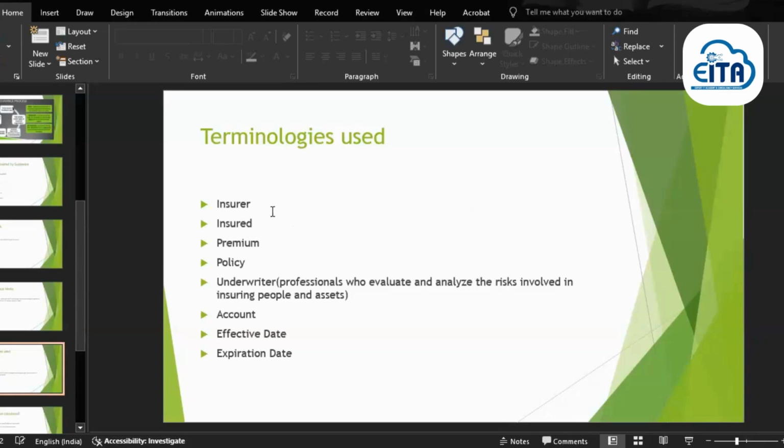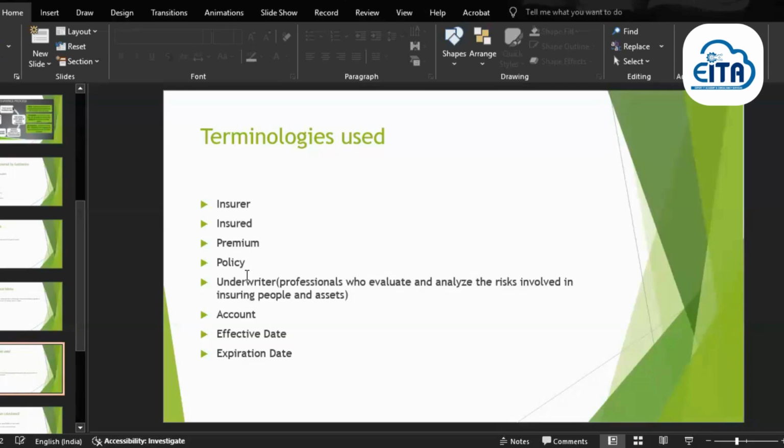These are the terminologies which we use in Guidewire. In insurance, we have basically covered the first four. Underwriters are the people who evaluate risk. For example, suppose I'm a driver taking insurance and I have my license suspended. I go to the insurance company and ask for insurance.